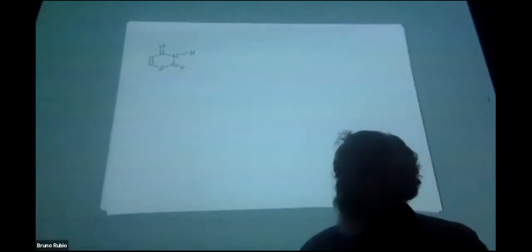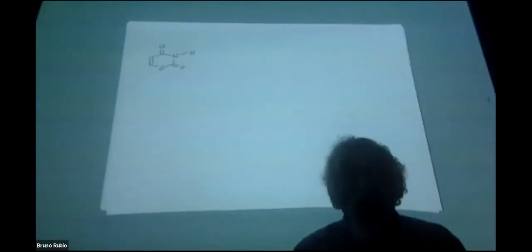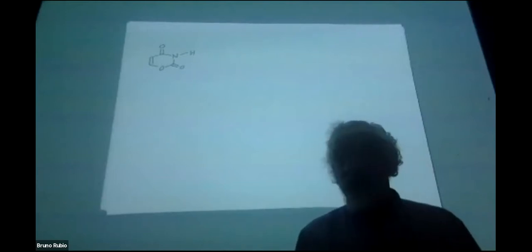What if I were to say, draw 5 additional resonance structures? Up to now, we've just been piddling around with 1 or 2 resonance structures, but some molecules have many, many resonance structures. So let's try to come up with 5 resonance structures for this. Okay, who wants to start us off?